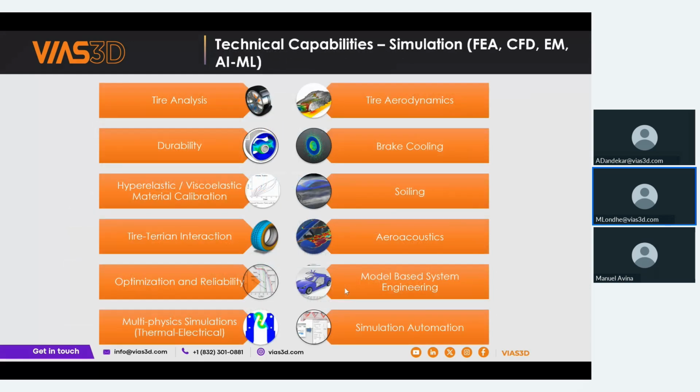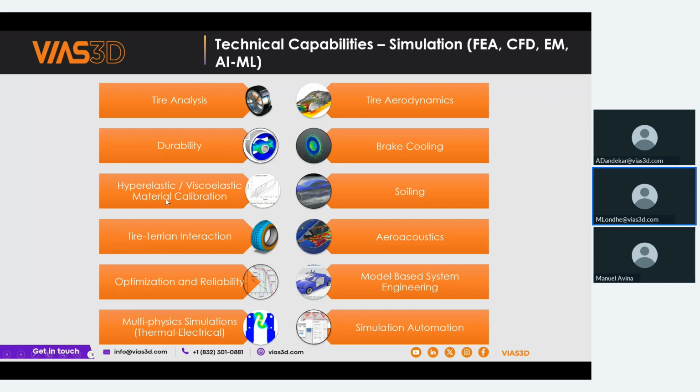At VIAS3D, we offer a broad spectrum of simulation capability across multiple domains such as FEA, CFD, electromagnetics, and AM. When it comes to tire simulation, our expertise covers everything from basic structural to advanced analysis. In basic analysis, we do footprint, structural, vibration, thermal, durability and fatigue under different loading conditions.